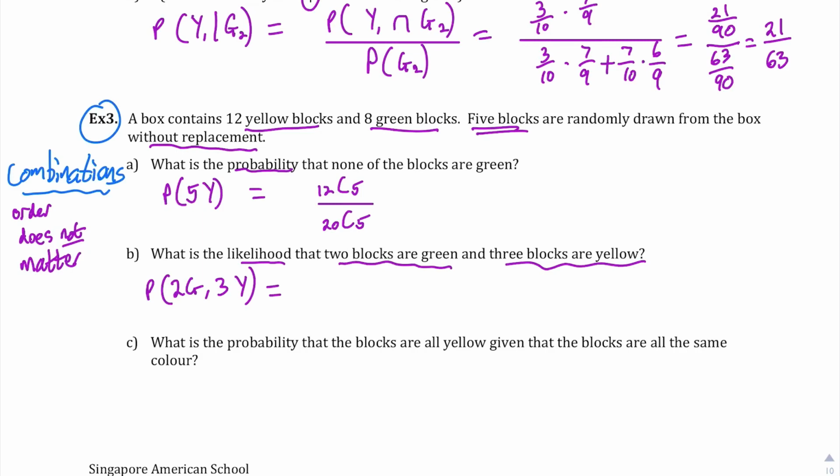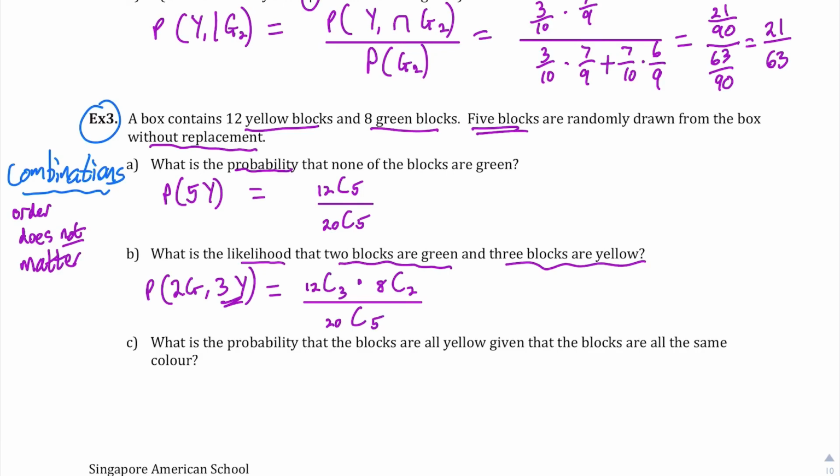Out of the 12 yellow blocks we need to select 3, my apologies. So 12 choose 3, and generally speaking that's multiplication, and out of the 8 green blocks I need to choose 2, and my denominator is 20 choose 5.